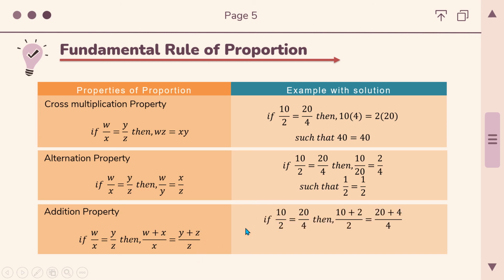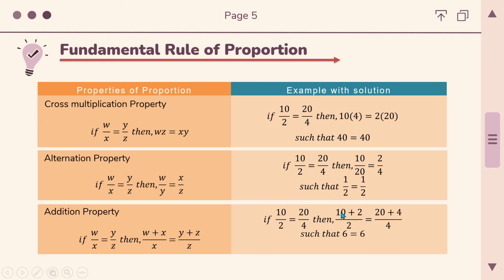So, an example, if 10 over 2 is equal to 20 over 4, then numerator 10 plus denominator 2 over denominator 2 is equal to numerator 20 plus denominator 4 over denominator 4, such that 6 is equal to 6.